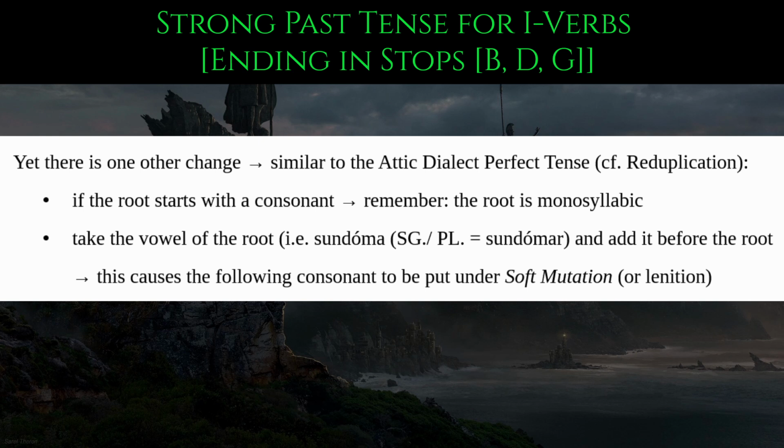By the way, the root is called sondoma in the singular and sondomar in the plural. We are adding this vowel before the root. This causes the following consonant, which again is the initial consonant of the stem, to be put under so-called soft mutation or lenition.